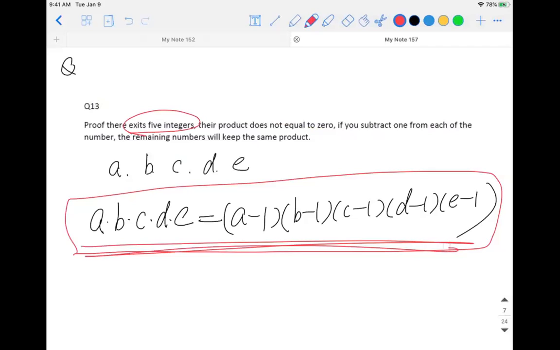Hey, James, can you tell me how you think about it? Okay. So you basically notice that if you have two numbers like -5 and 6, and then you subtract 1 from each of them, you have -6 and 5, right?